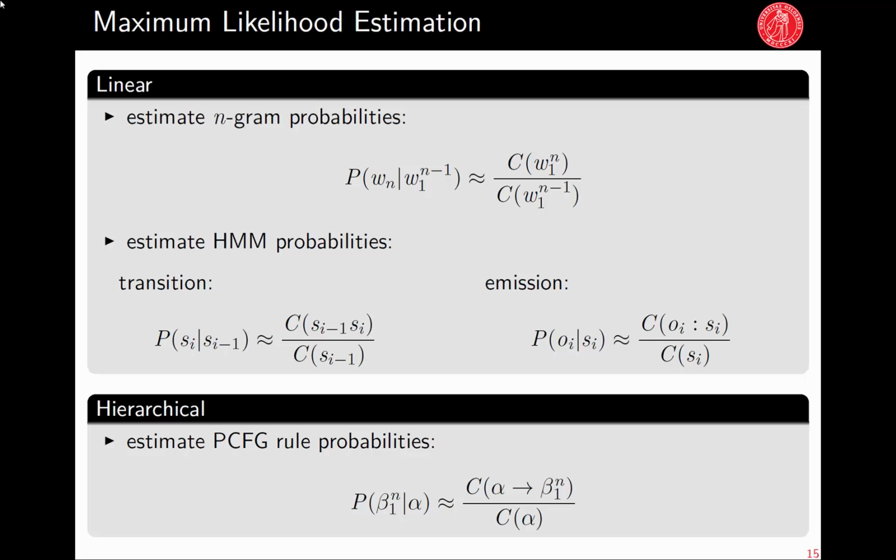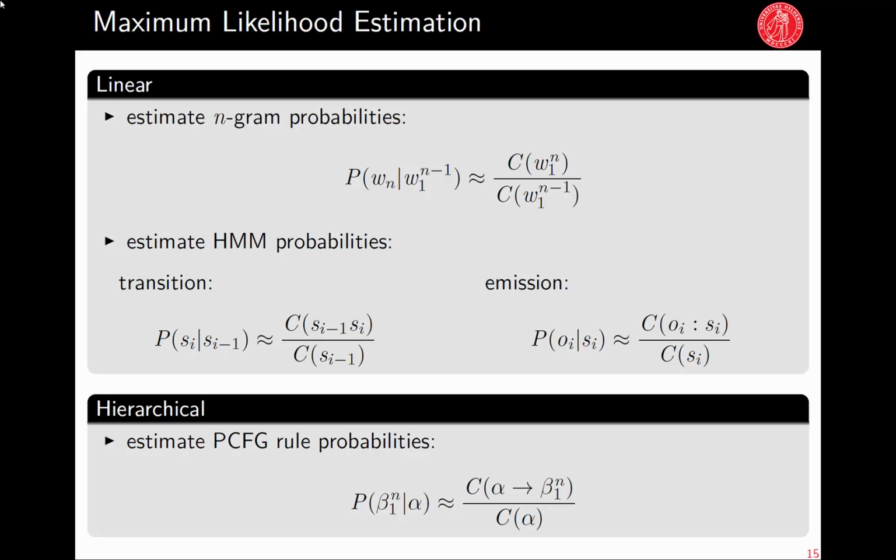And they all come down to counting the size of the event set and normalizing it to the size of the conditioning context. So for an n-gram, let's assume n is 2, then this is counting bigrams and this is counting the unigram prefixes in which the bigrams occur.